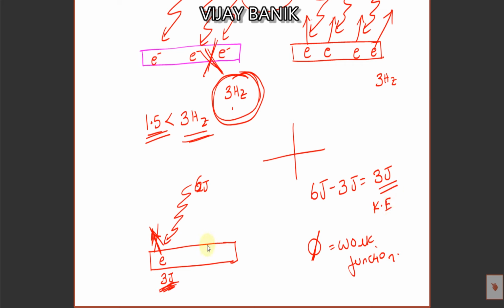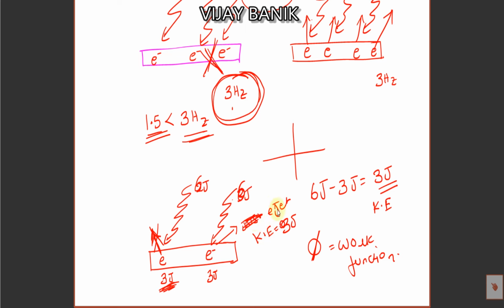So remember, if this electron needs 3 joules of work function, the minimum energy, and a photon supplies only 3 joules, the electron will just eject, but its kinetic energy will be 0 because there is no extra energy left. But if you supply 6 joules, it will eject, and it will also have a kinetic energy of 3 joules. That means its velocity is going to be very high.